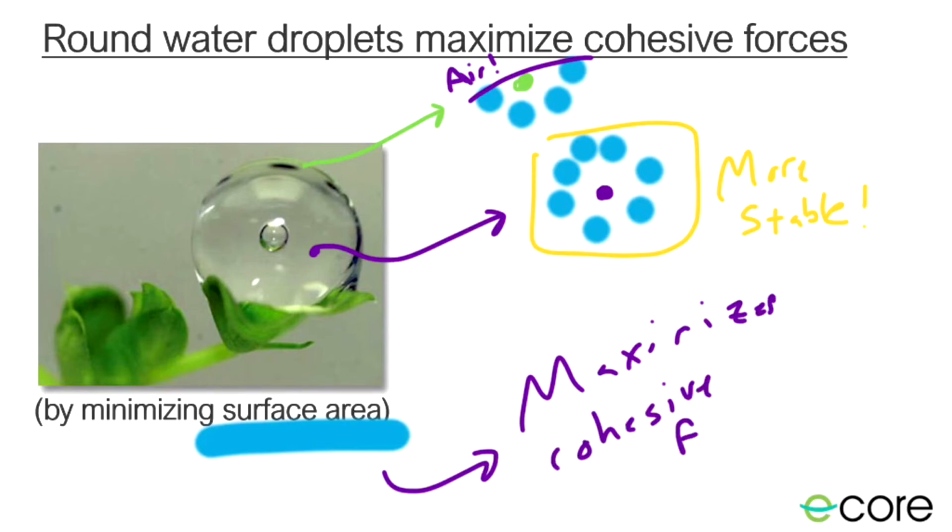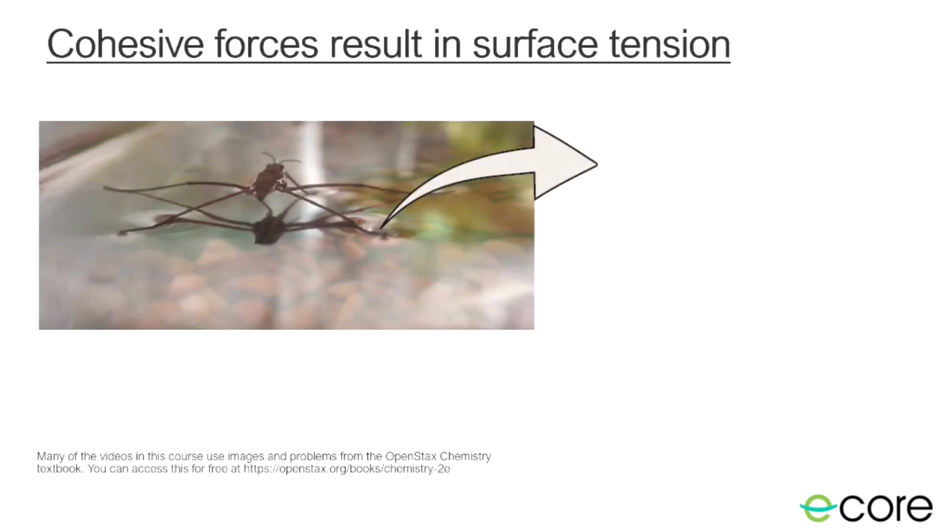Okay, these cohesive forces have a pretty cool application, and that's called surface tension. You actually see surface tension anytime you see a water bug floating on the surface of water. Think about what's happening here. We have this flat surface of water, and then when the water bug steps on it, he deforms it.